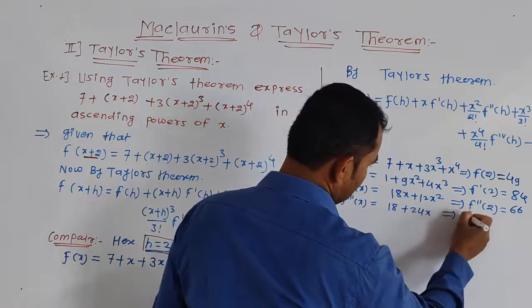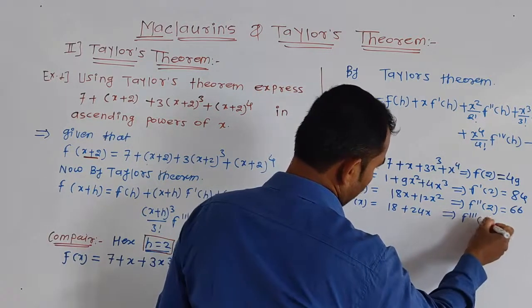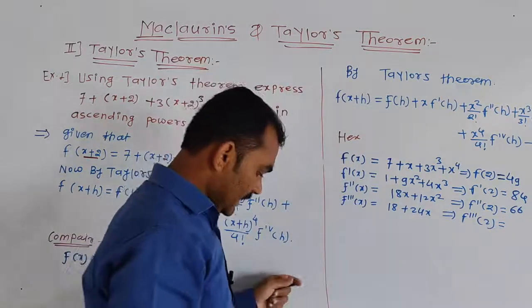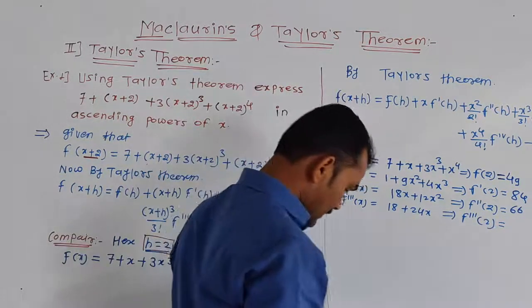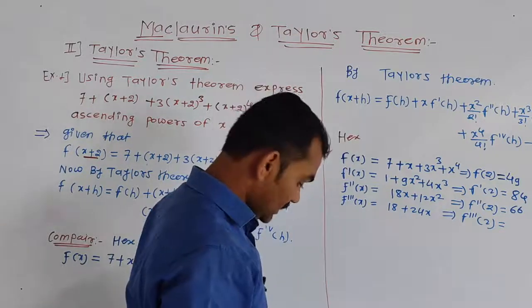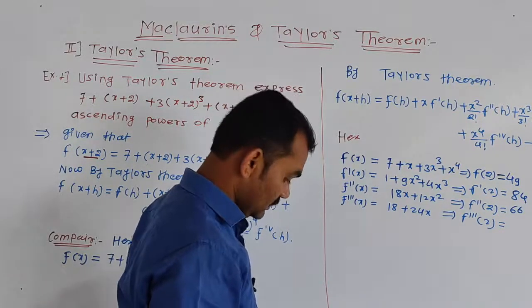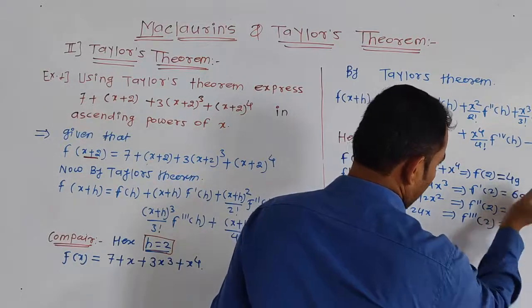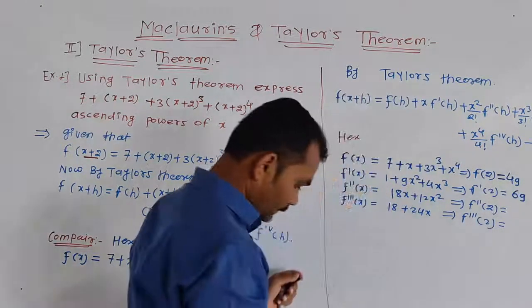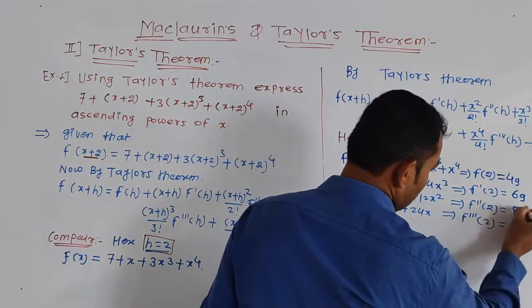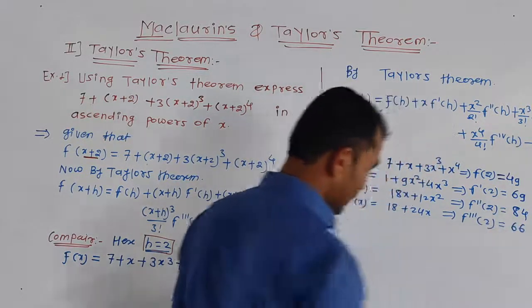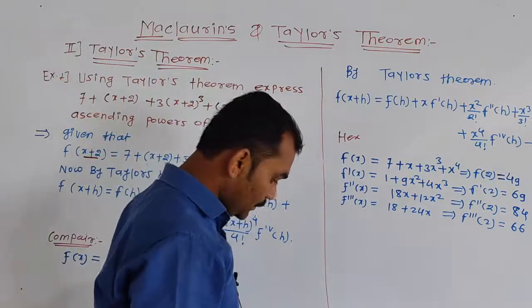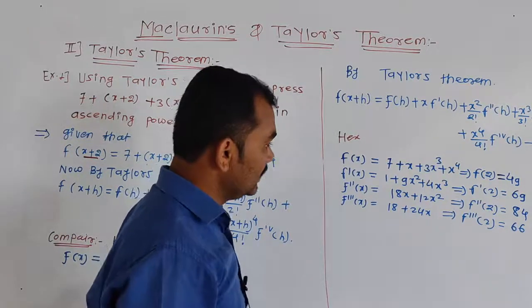Then replace f triple dash of 2, put x is equal to 2 in this. So first is 49, second is 69, and here is 84, and here f double dash of 2 is 66.